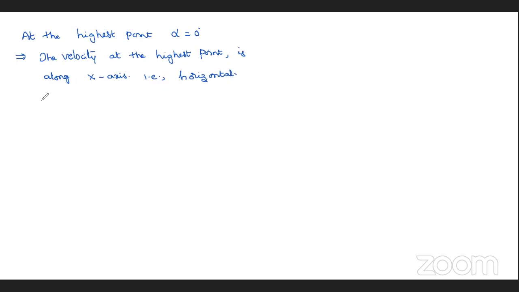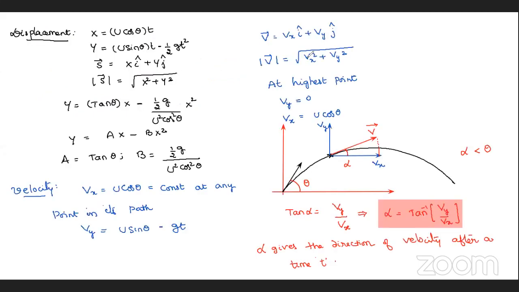And suppose if they ask what is the mod V bar at the highest point, what do you say? Look, mod V bar is root of Vx square plus Vy square. Good, you cos theta. So Vy is 0 now at highest point. Vy 0 means root of Vx square.